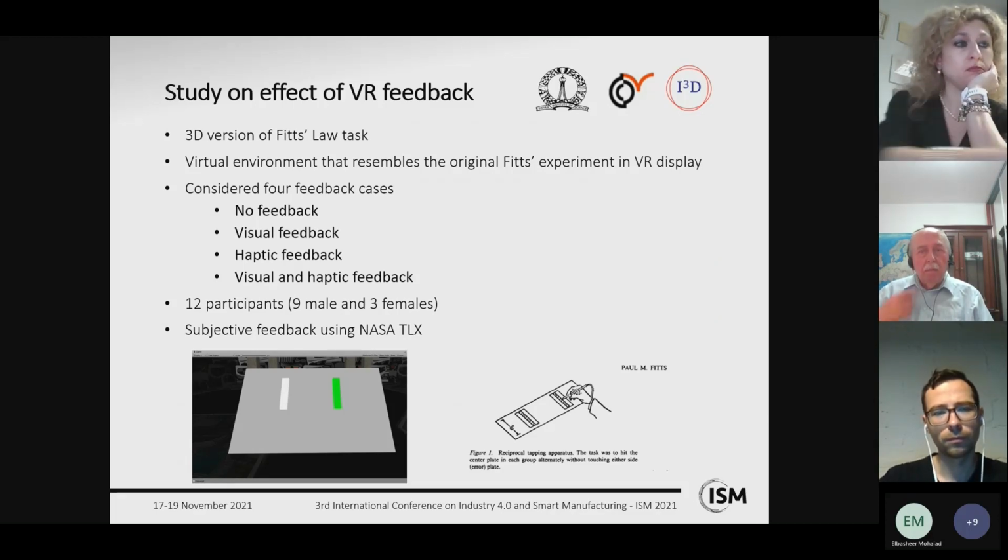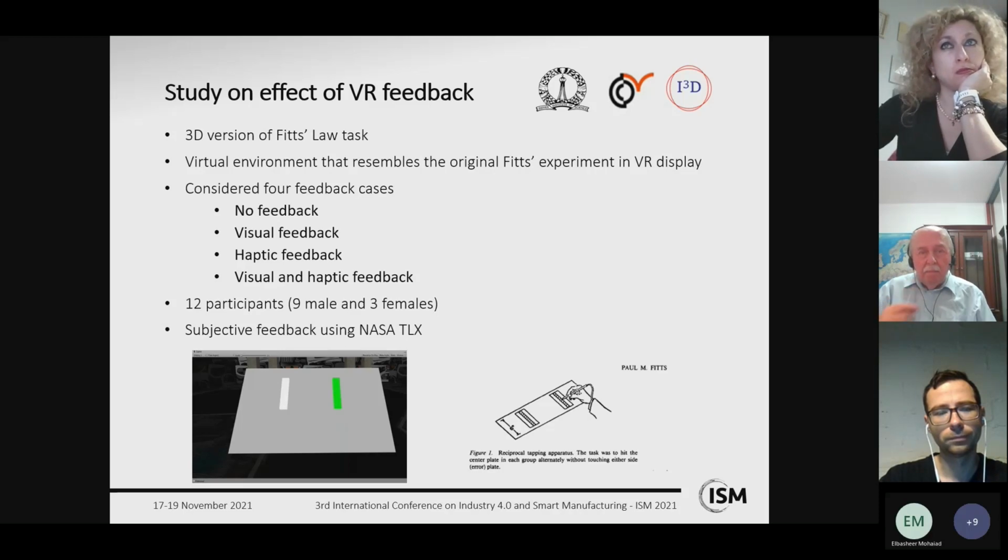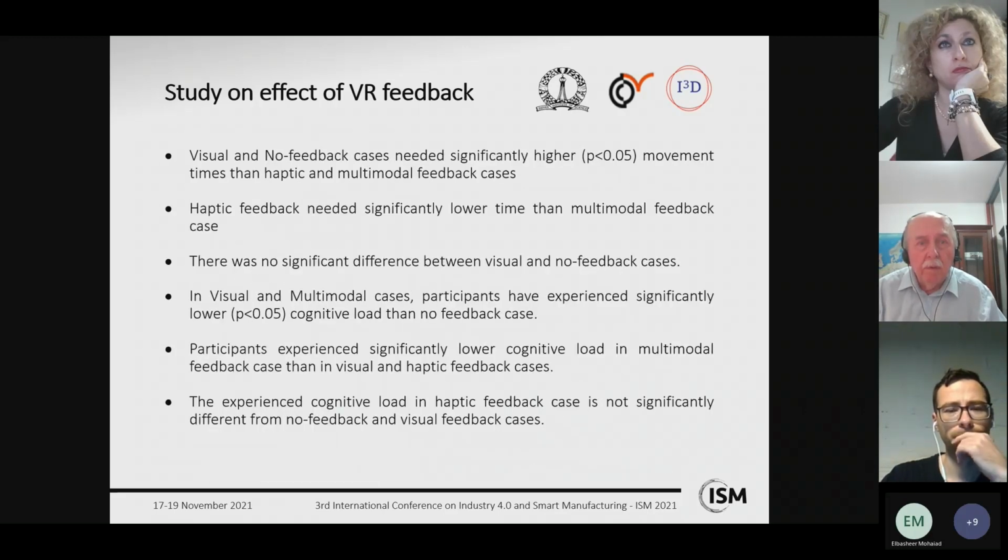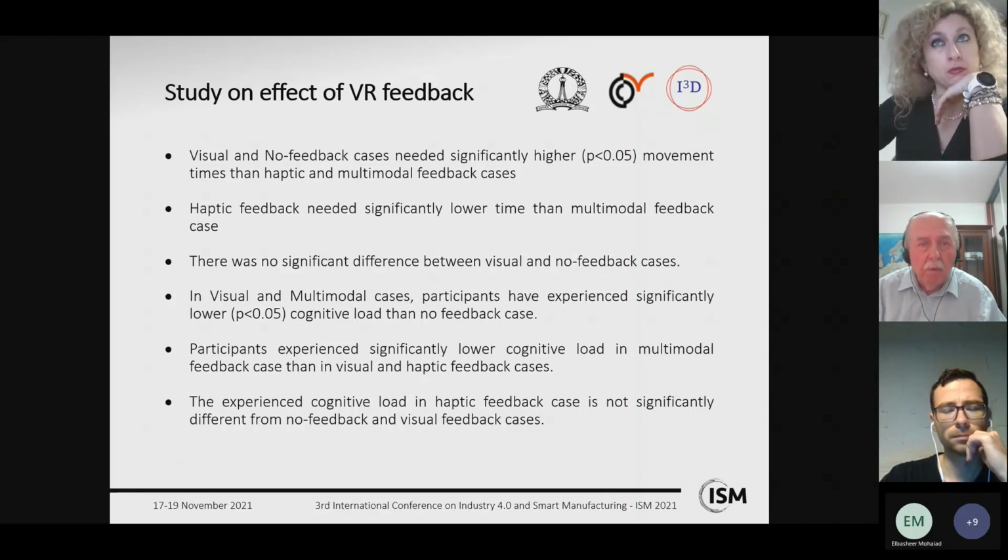So we undertook the study with 12 participants, and we also logged the subjective feedback using NASA TLX to assess the cognitive load. We found that visual and no feedback cases needed significantly higher movement times than haptic and multimodal feedback cases. In haptic feedback, the time is very low.